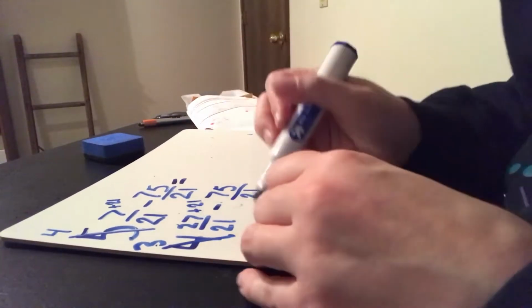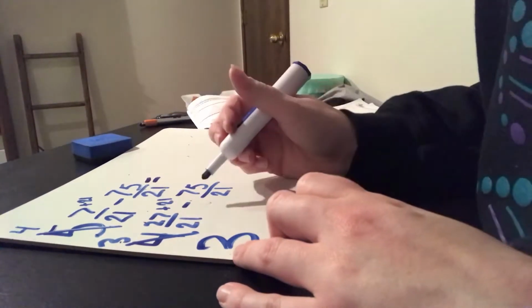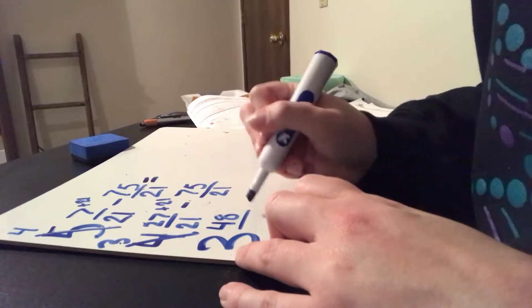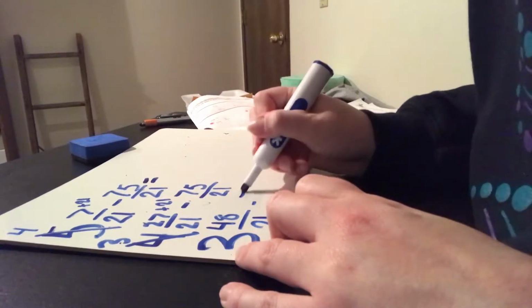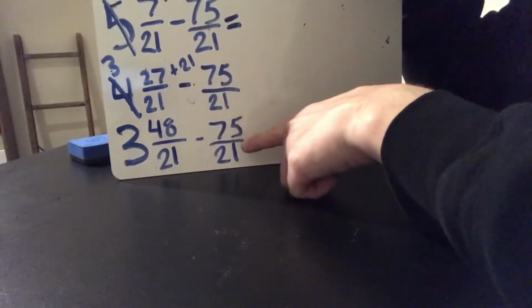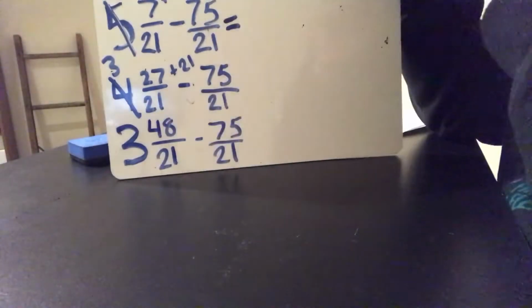Add 21 again, so I'm now going down towards the bottom of my whiteboard. 28 plus 21 is 49/21 minus 75/21. I just did all that math. I'm still not at a place where I can subtract 75 from my other numerator.